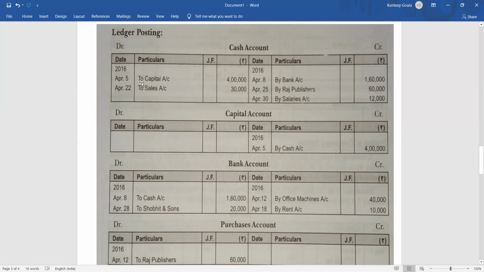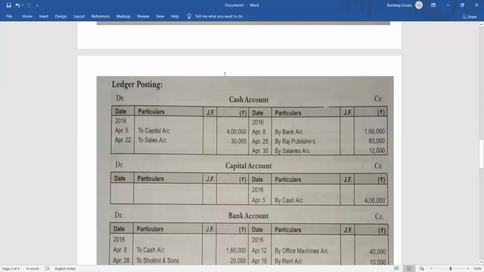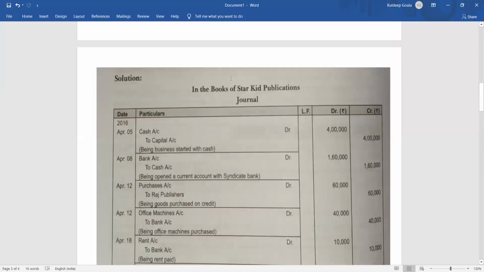In the debit we start with "to", in the credit we write "by". Remember that, okay? In the debit we write "to" the name of the item, in the credit we write "by" the name of the item. What will you write? By cash account. The opposite of what is written in the debit side. The capital account is credited with the opposite item, that is by cash account 4 lakh. Clear? Now we will go to the next item.